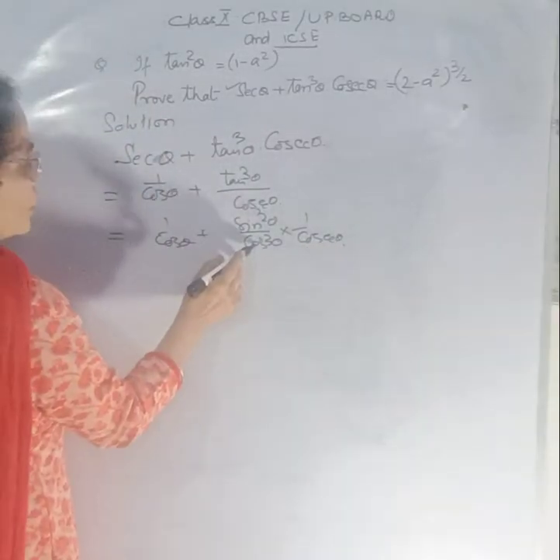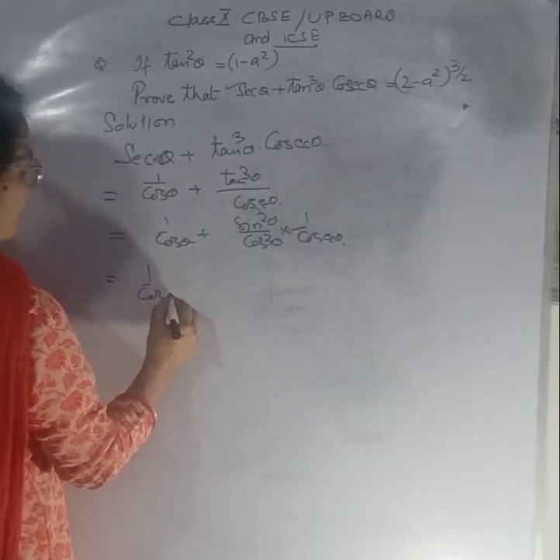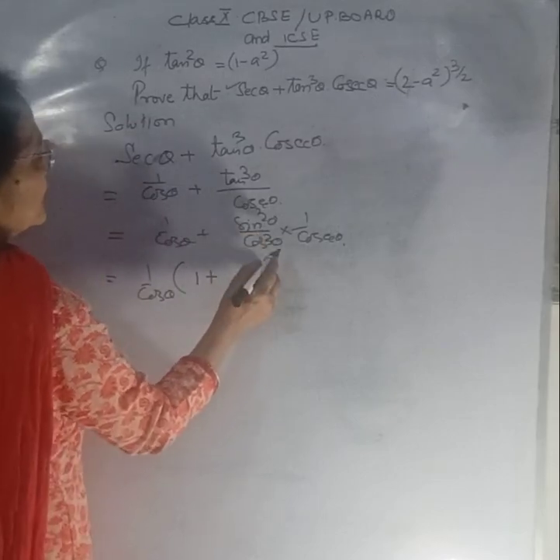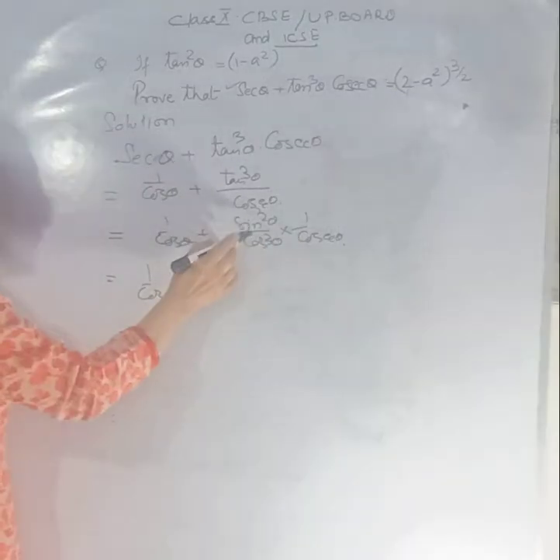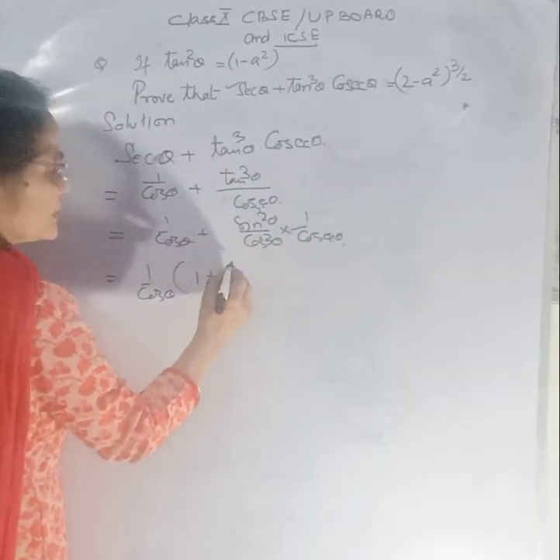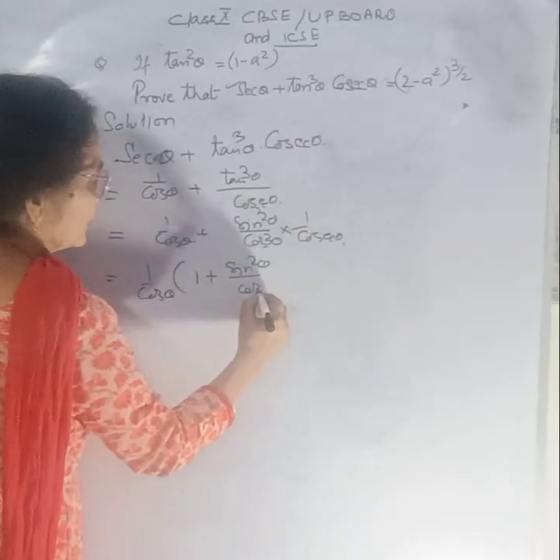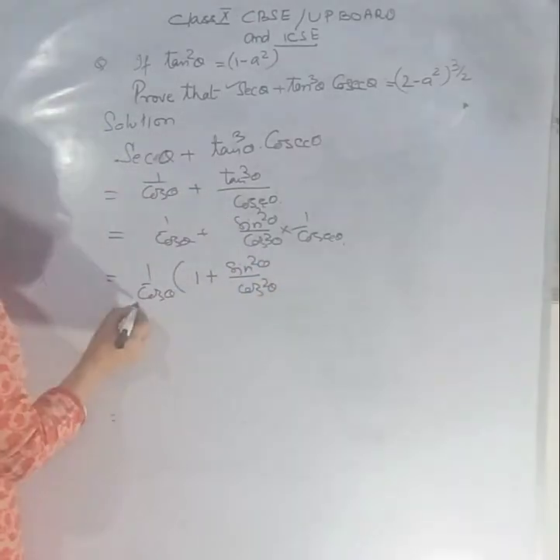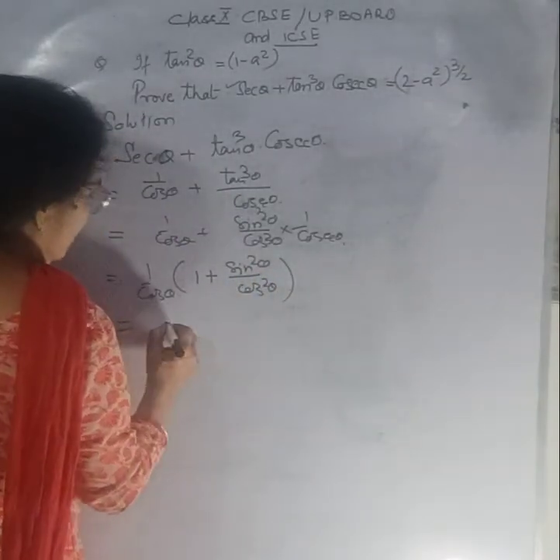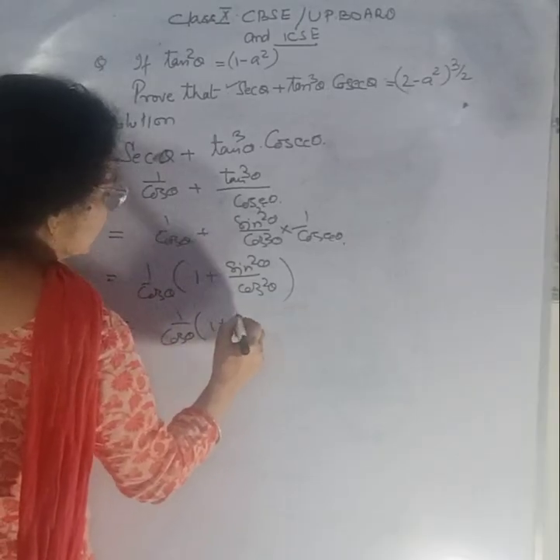This is cos square theta, this is cos theta, so one cos theta can be taken as common. So we will get 1 plus tan square theta. One sine square theta will cancel with this, and simply we will get sine square theta upon cos square theta, because one cos is taken common. This will be equal to 1 upon cos theta into 1 plus tan square theta.